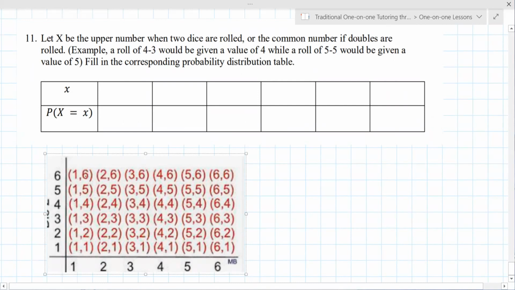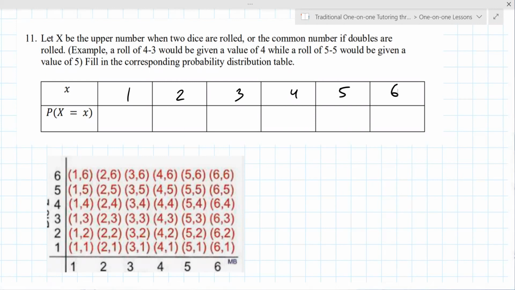Okay, so the bigger number is going to be the numbers 1, 2, 3, 4, 5, and 6. Now I'll go through a column here so you can see. I actually don't like that one. Let me see if I can find a different sample space. This one is better.